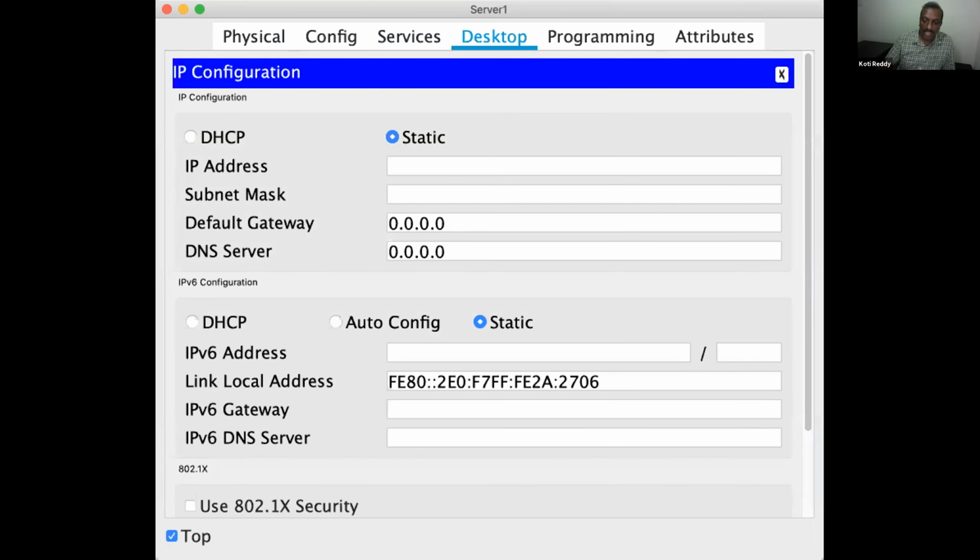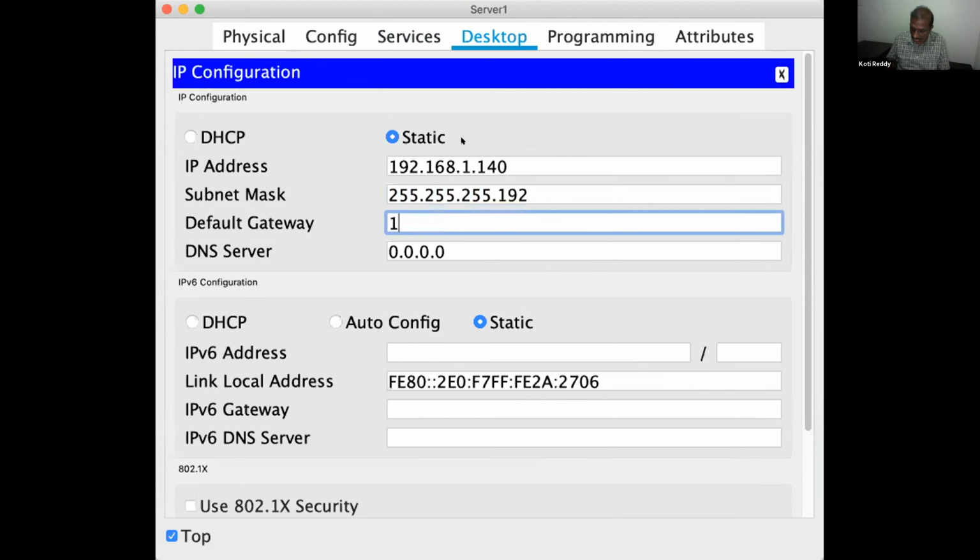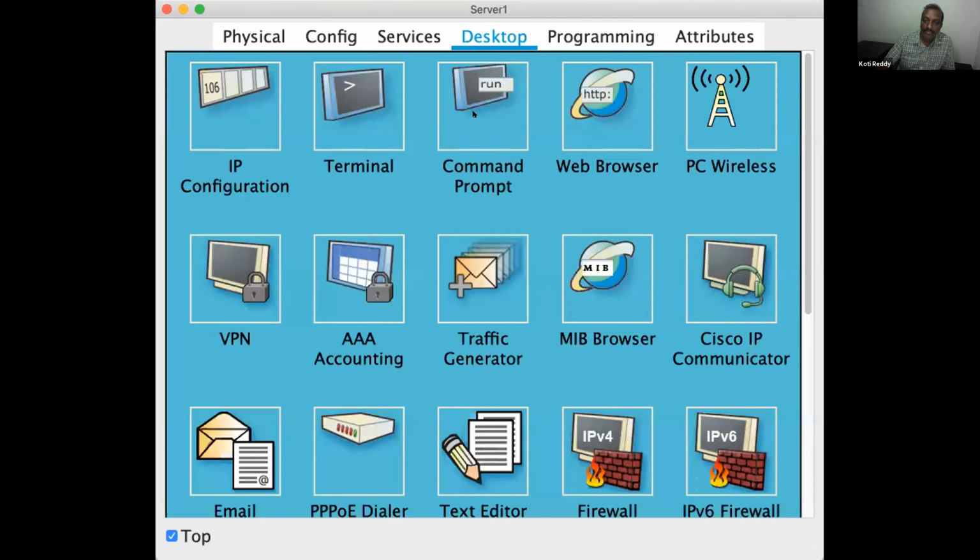For the server here, I give the IP address 192.168.1.140, the subnet mask 255.255.255.192, /26, and 192.168.1.129 as the default gateway IP address.